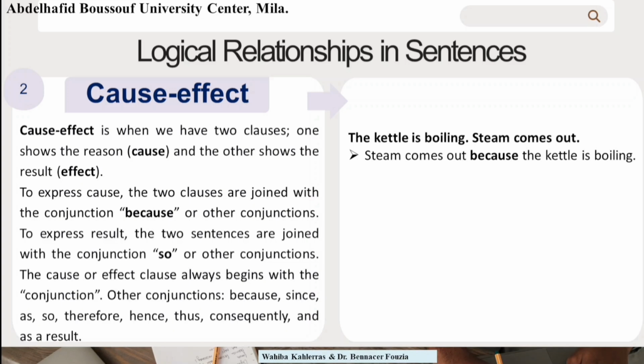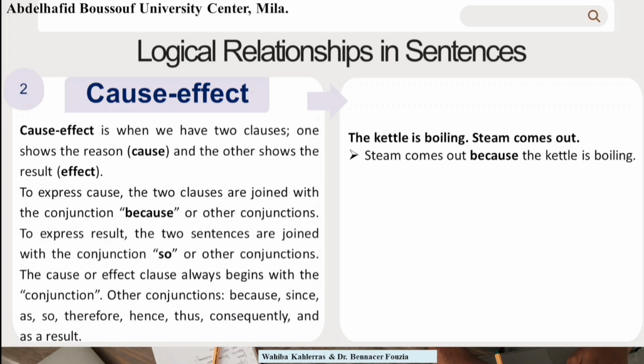Now, where is the dependent and where is the independent clause? Dependent clause is the same as subordinate clause. So here the dependent clause is because the kettle is boiling. The main clause or independent clause is steam comes out.